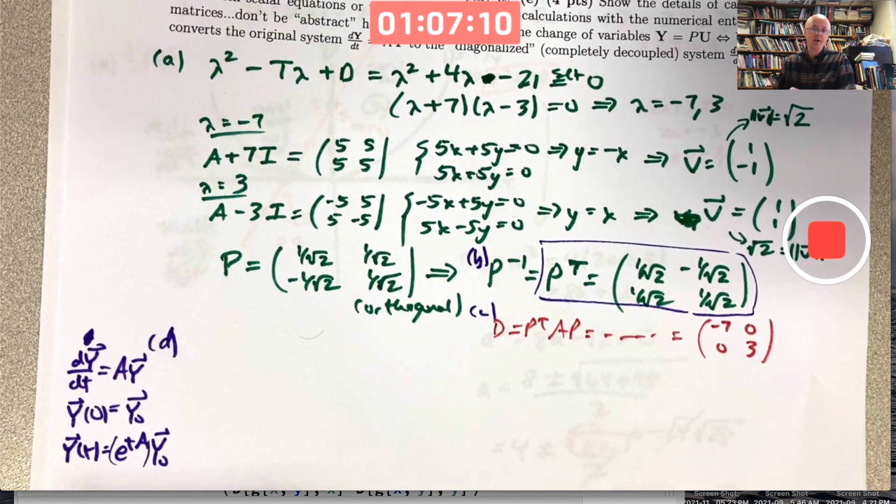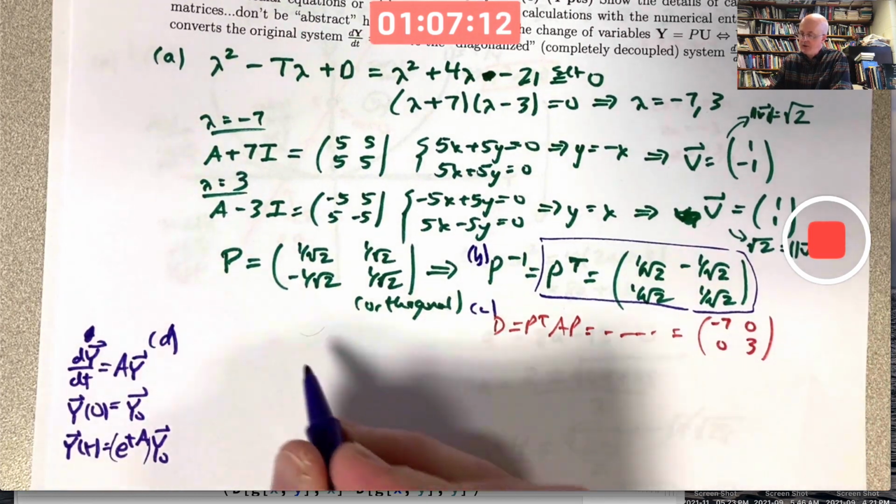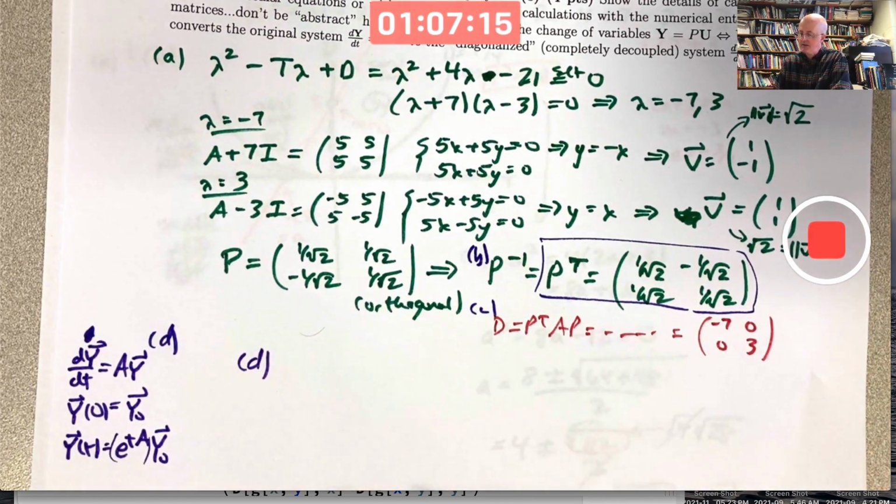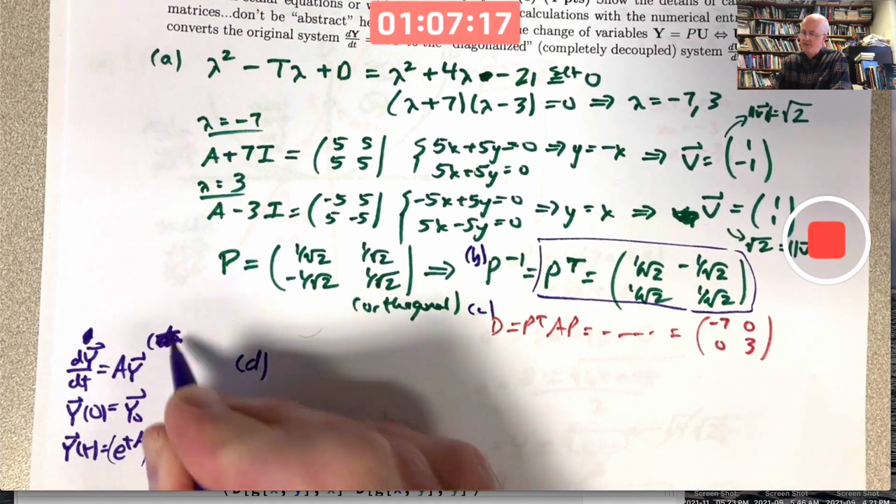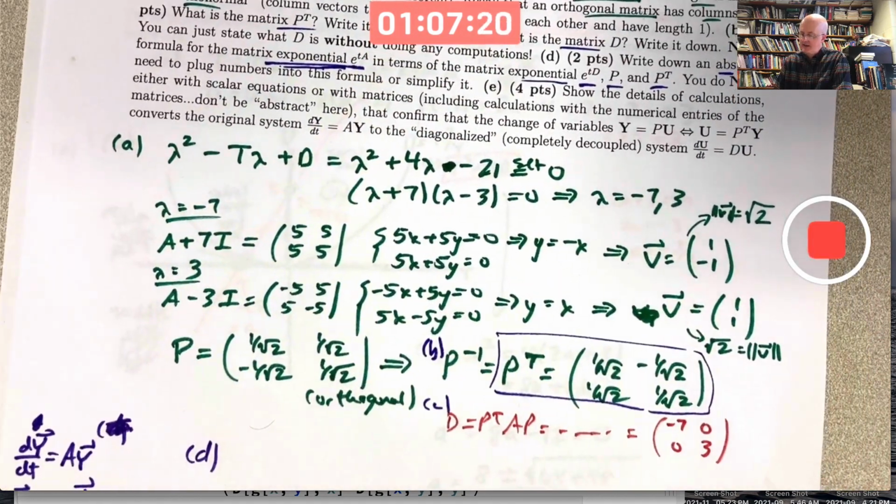The matrix exponential can be very difficult to compute in general. However, when you can diagonalize the matrix A, then it can be done. Oops, I guess I already had a D there. And how is it done?